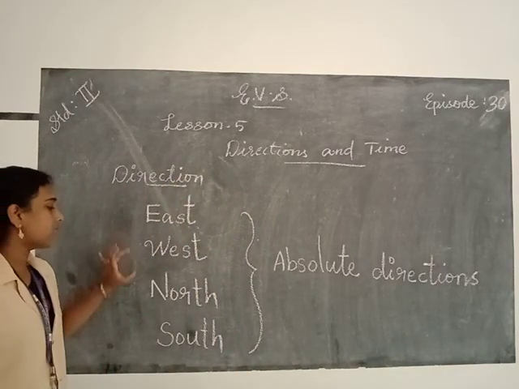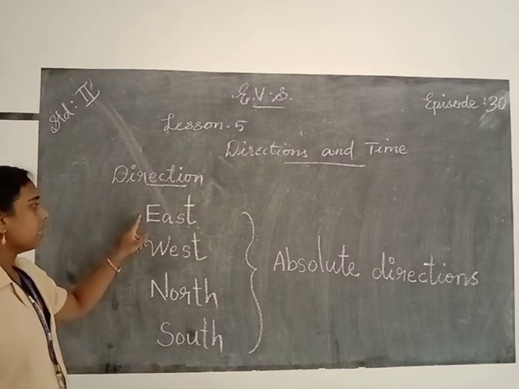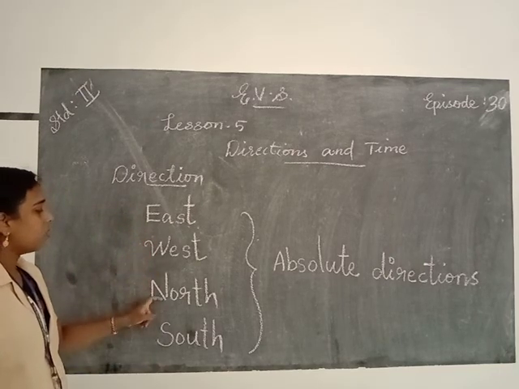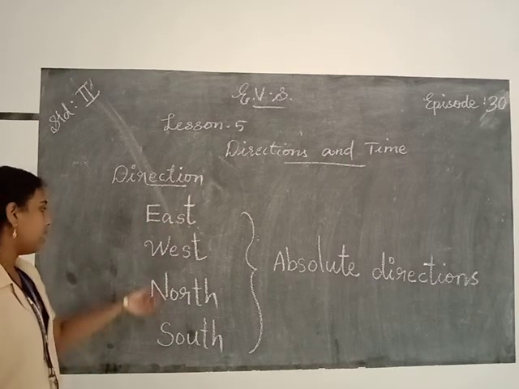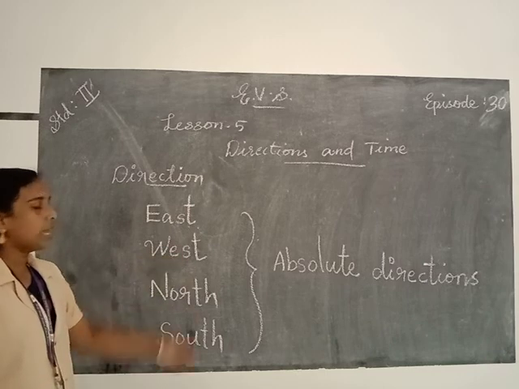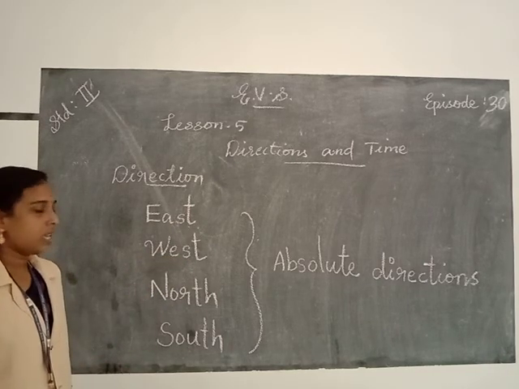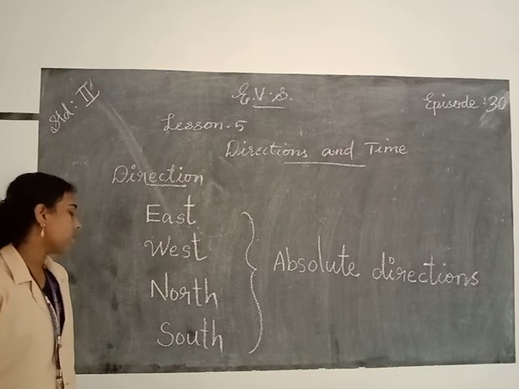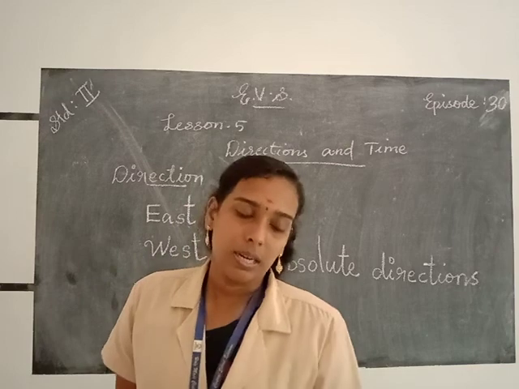East, west, north and south. There are 4 main directions: east, E-A-S-T; west, W-E-S-T; north, N-O-R-T-H; south, S-O-U-T-H. These are absolute directions.